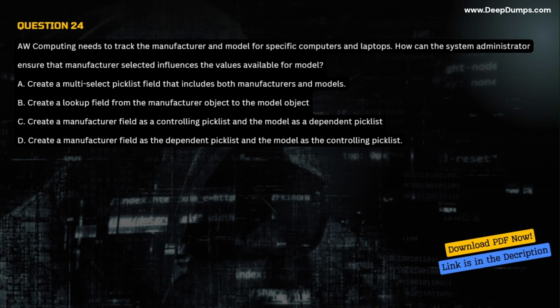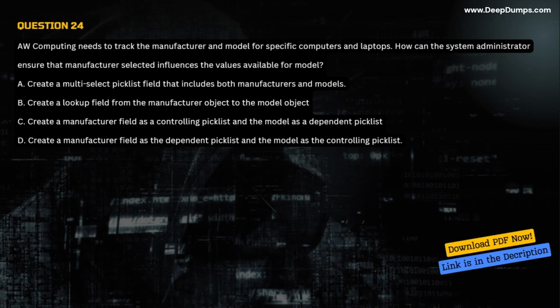Question 24. AW Computing needs to track the manufacturer and model for specific computers and laptops. How can the system administrator ensure that manufacturer selected influences the values available for model? A. Create a multi-select picklist field that includes both manufacturers and models. B. Create a lookup field from the manufacturer object to the model object.